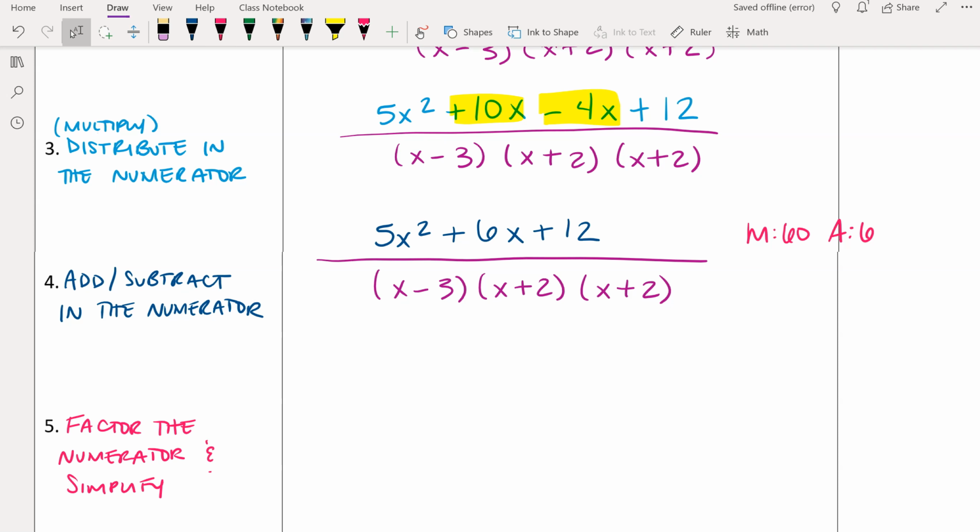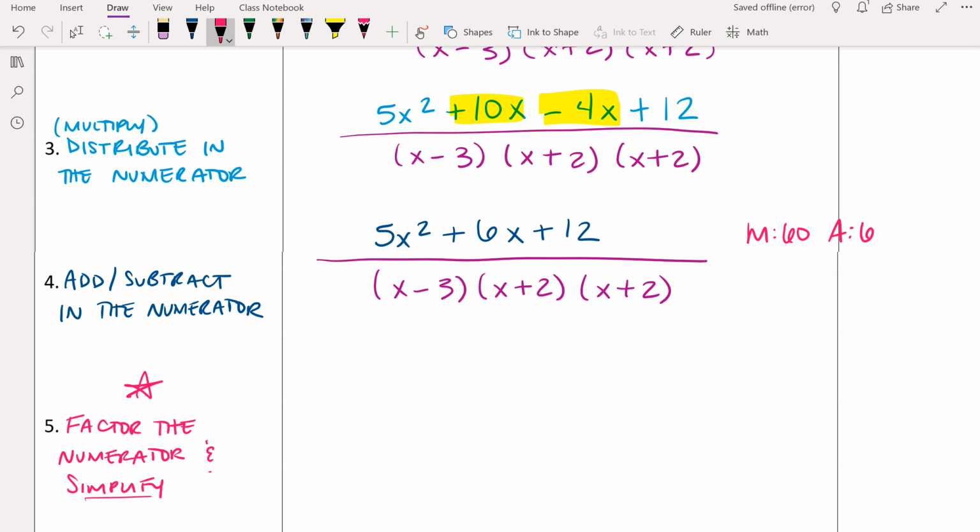All right, I can't think of anything that multiplies to 60 and adds to 6, and there actually isn't anything that multiplies to 60 and adds to 6. So we actually don't need to factor this numerator. But if we were able to factor it, we always need to check for step 5. Always check if you can factor it, so that if you can simplify by crossing out terms, you make sure you do that.